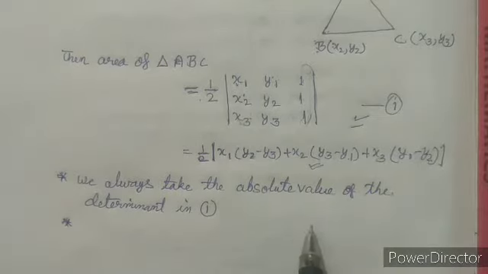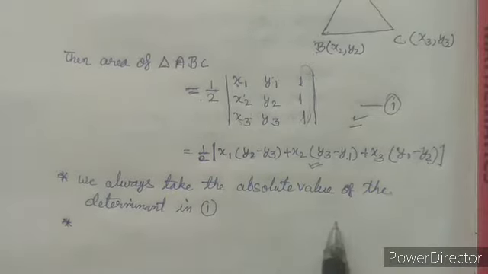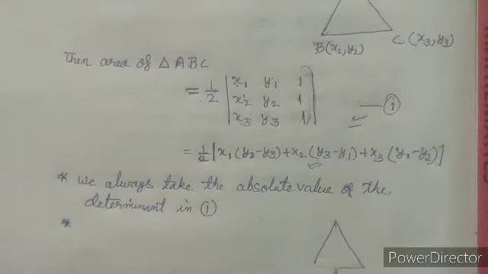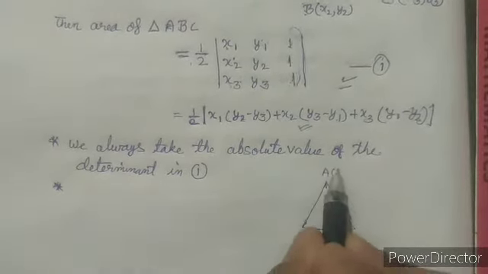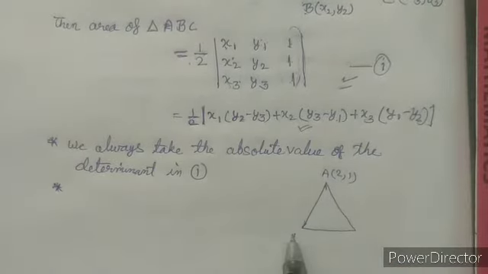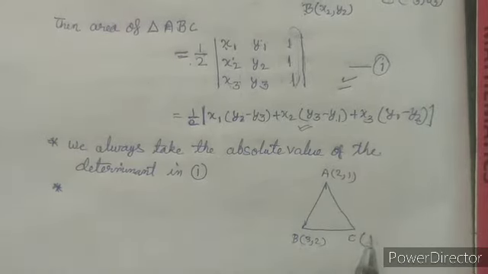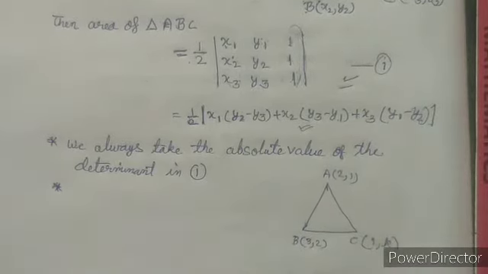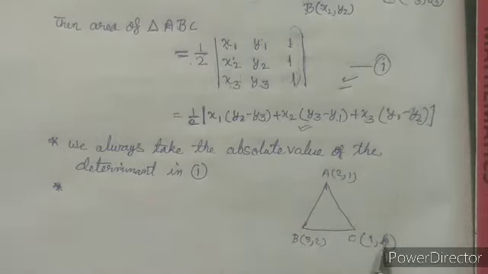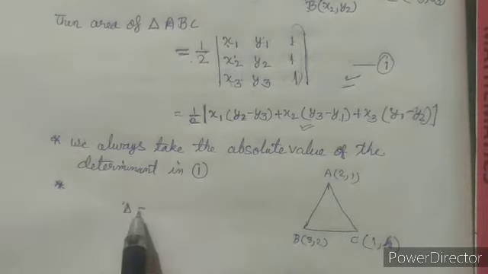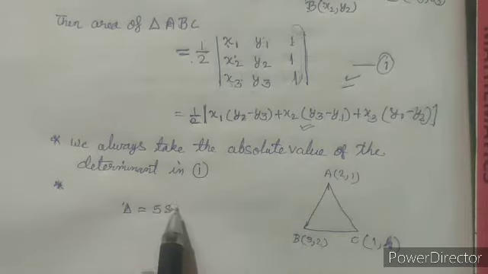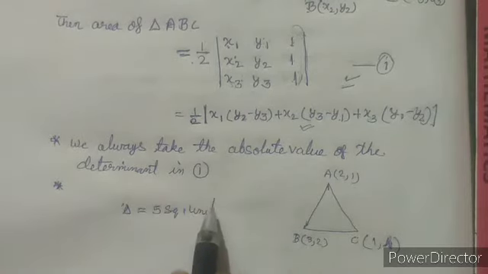Now suppose there is a triangle whose vertices are given to us. Suppose vertex A is (2, 1), B is (3, 2) and C is (1, k). Here we have to find the value of k if the area of the triangle is given as 5 square units.